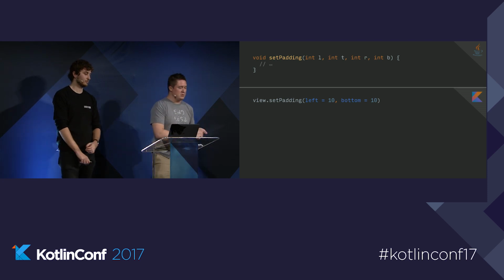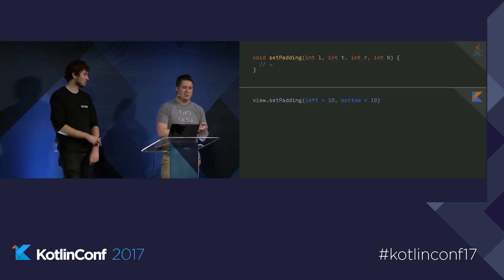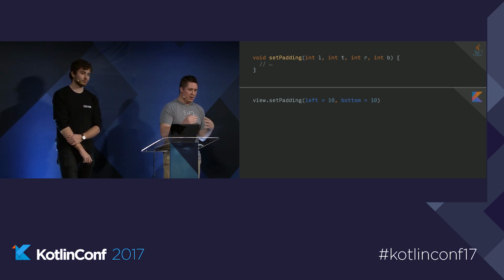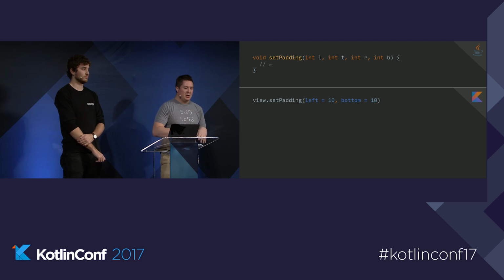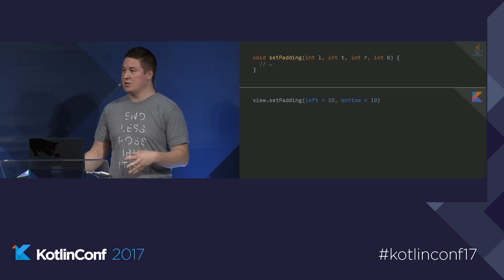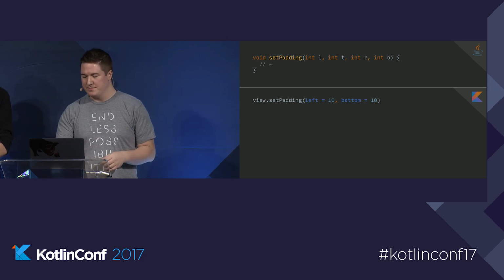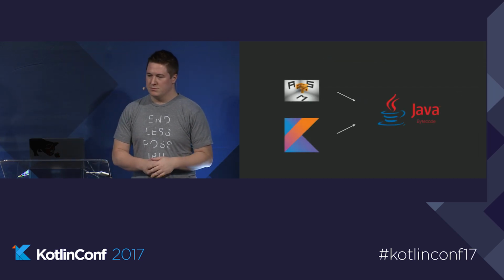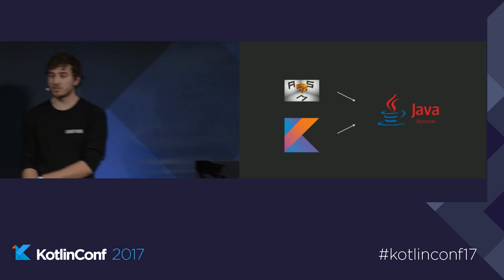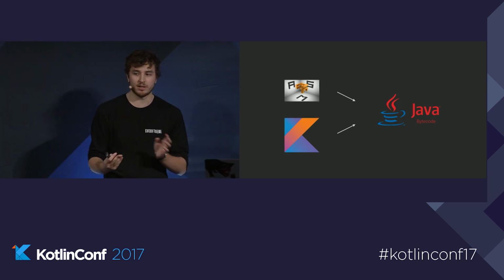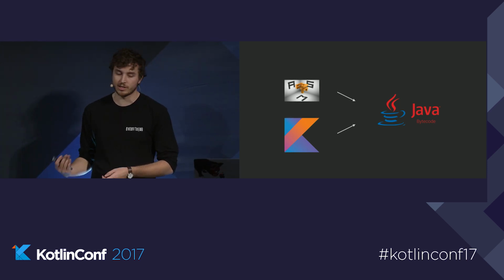If you choose to do this, you have to be really careful because both default values and named parameters become part of the public API, and you have to commit to them because then changing them would break people who are calling from this style. Yeah, so it's a lot of different ways of accomplishing the same task, which is getting this JVM bytecode that you're going to be able to write Kotlin Java code against.